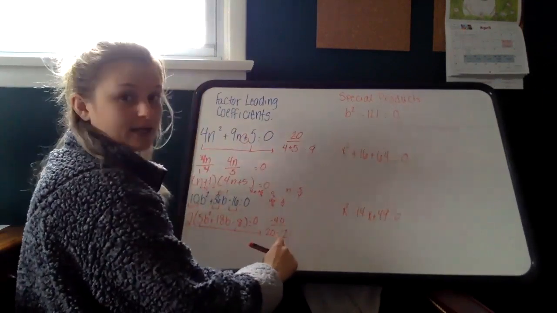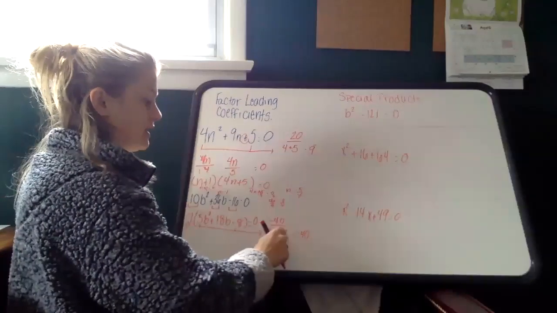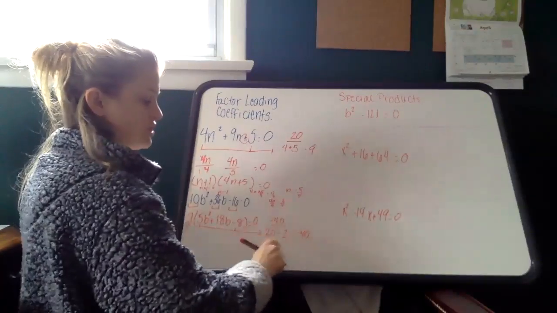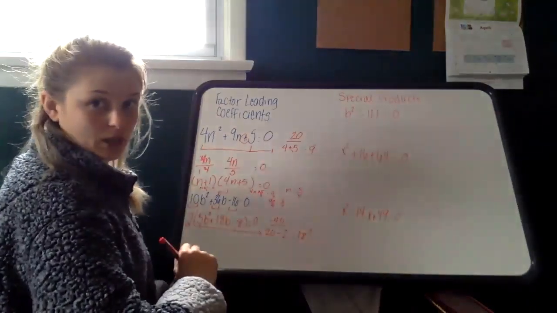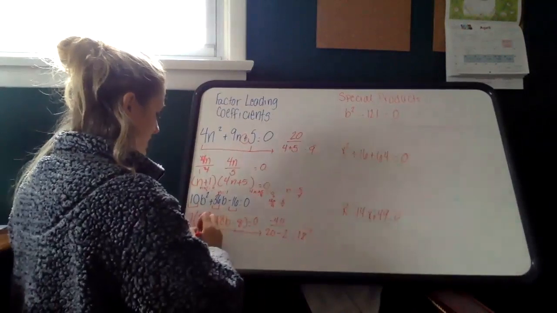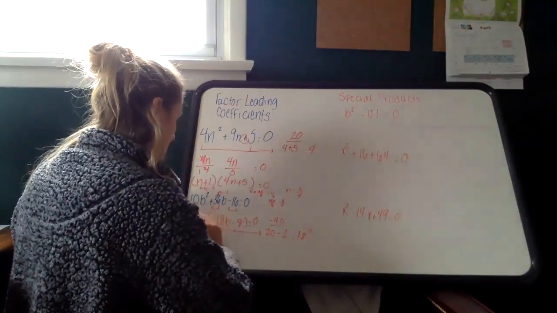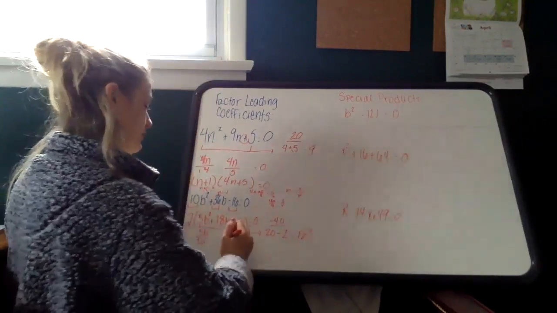Because 20 times negative 2 equals negative 40. And then 20 minus 2 gives you positive 18. Okay? So you would do this similarly by doing 5b over 20, and then 5b over negative 2.